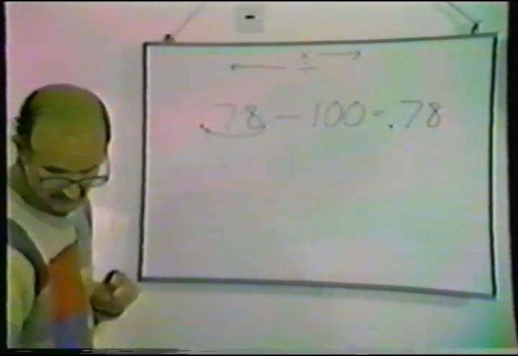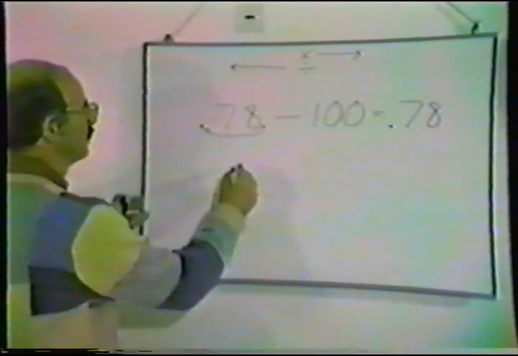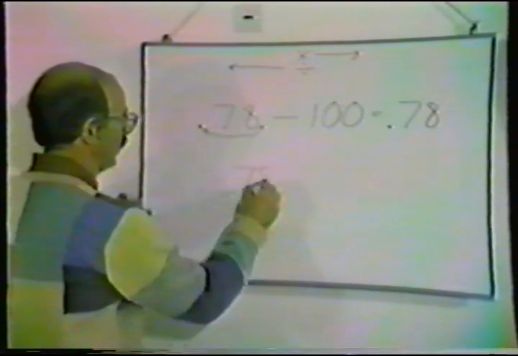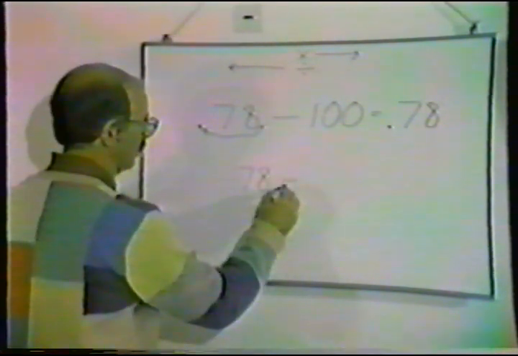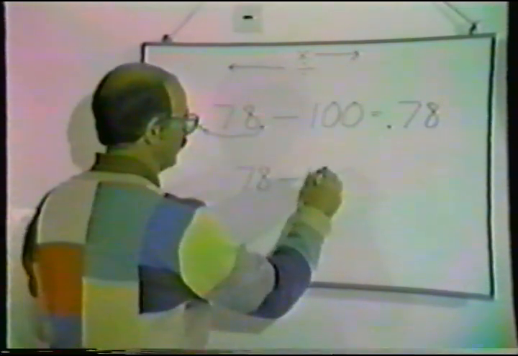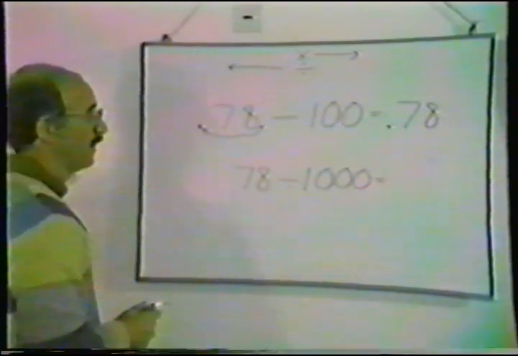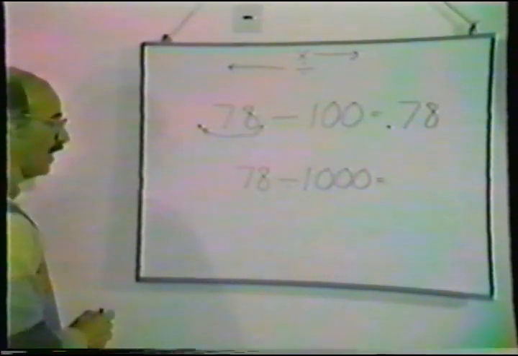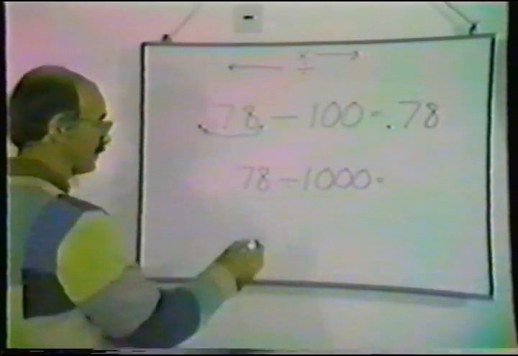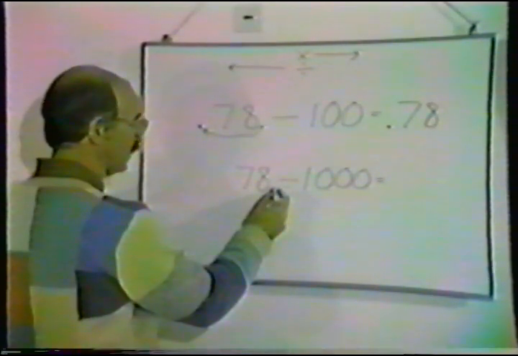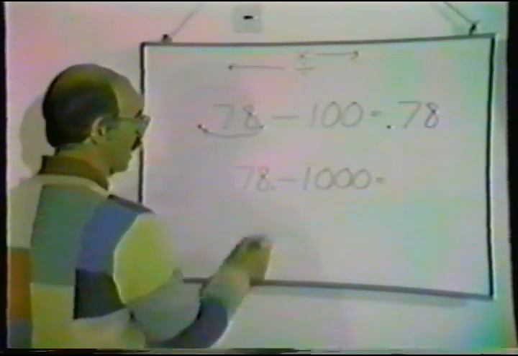Very good. And here's the last one we are going to do. 78 divided by 1,000. Well, we know that we put the decimal point at the end on the right.